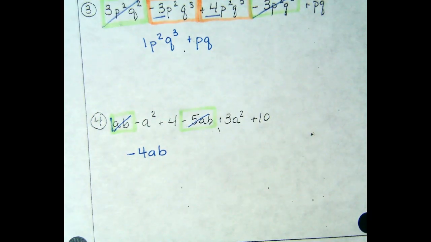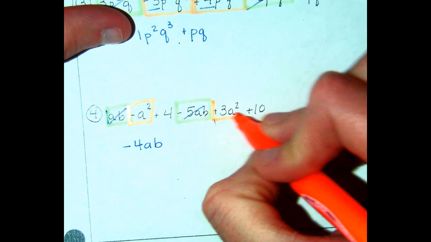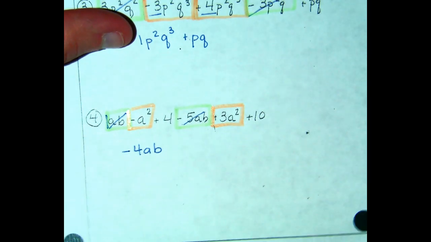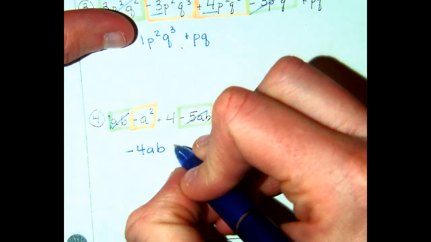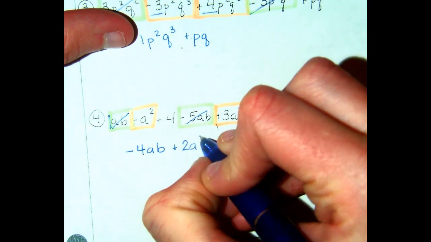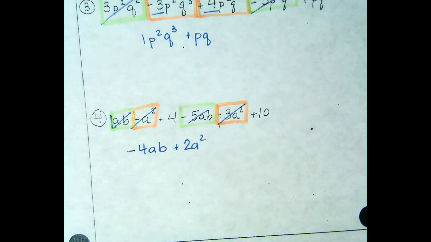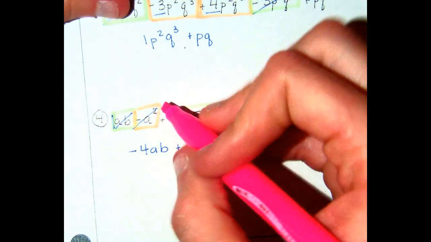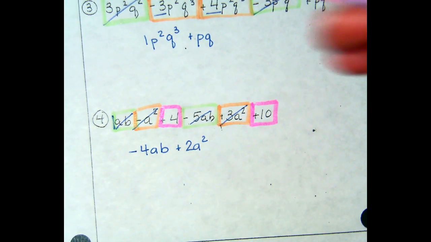Do we have anything else in common? Negative a to the second. Okay. What is negative 1a to the second plus 3a to the second? Okay. Do we have any other like terms? 4 and 10. What is 4 plus 10?